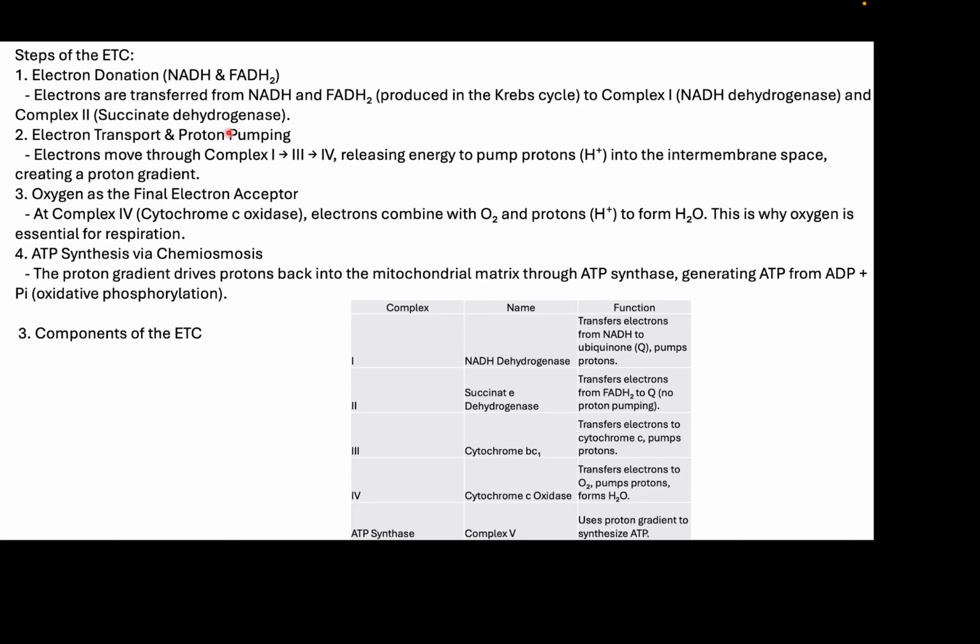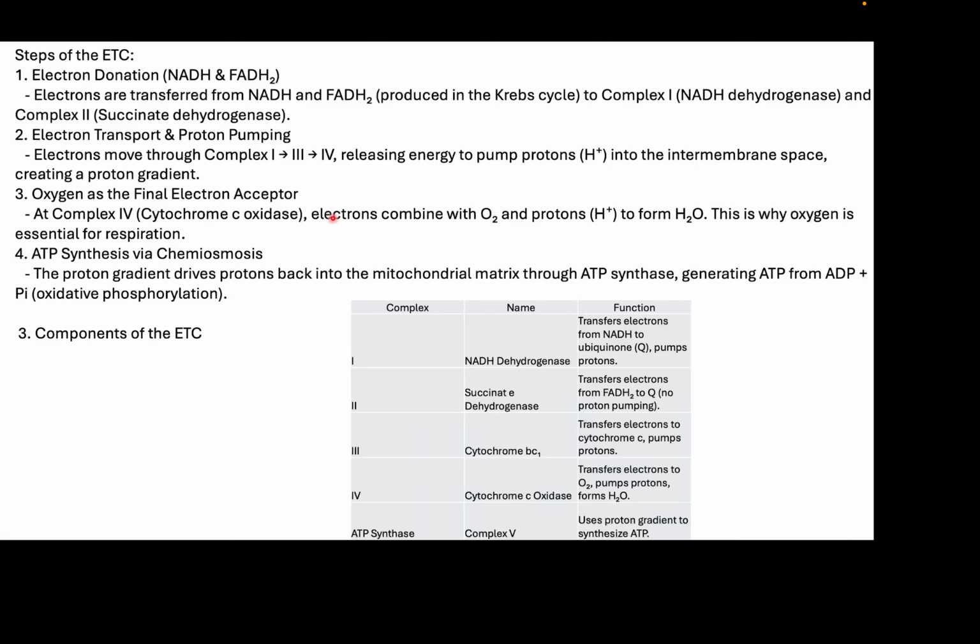So these are the basic steps in the ETC. The components of the ETC, as I mentioned earlier, are the 4 enzymes named 1, 2, 3 and 4, and another enzyme called ATP synthase. These are the enzymes associated with the ETC chain.